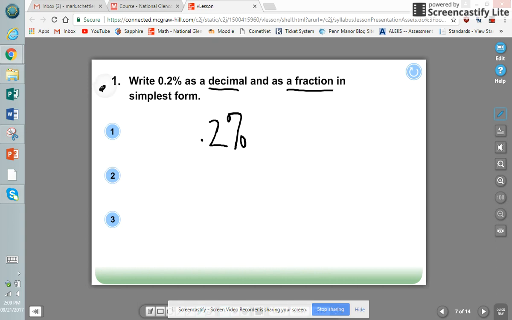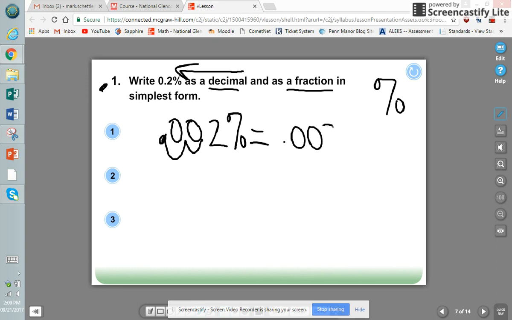First things first, over here is the decimal side, over here is the percent side, and since the problem is saying change it to a decimal, we're going to bounce this way, leaving us with 2 empty spaces to fill with 0. So really, 0.2% equals, as a decimal, 2 thousandths.